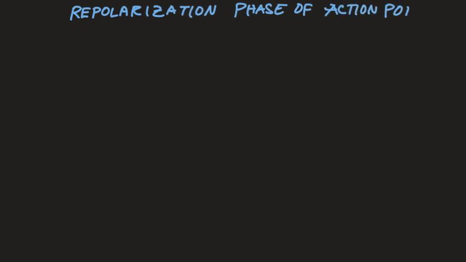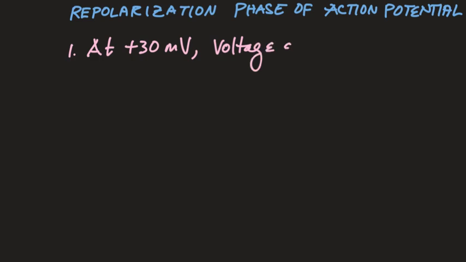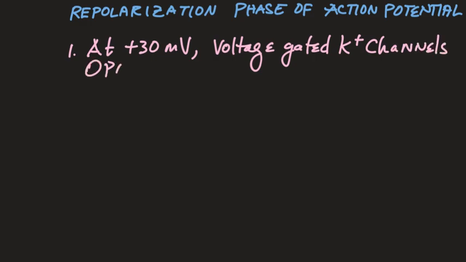The third phase is the repolarization phase of the action potential. This is brought about by the opening of potassium channels. Potassium channels usually open around 0 millivolts. In this case, the depolarization is so fast that it passes 0 millivolts and reaches plus 30 very rapidly. So around plus 30 millivolts, voltage-gated potassium channels open, and this causes potassium to leave the cell. Remember, there is always more potassium inside the SA node cells.